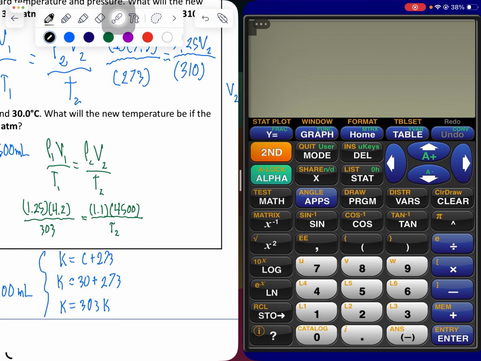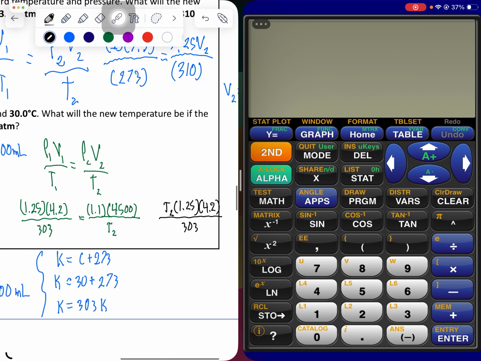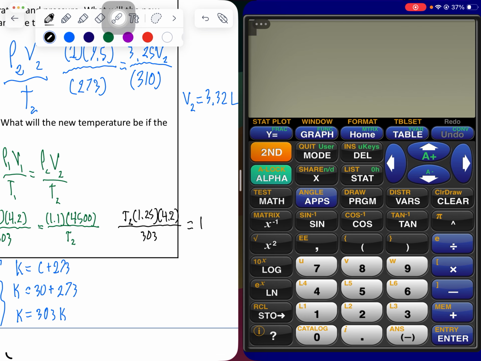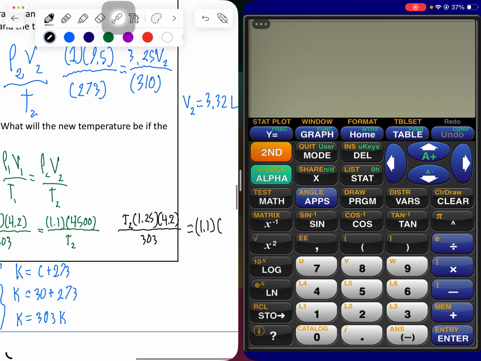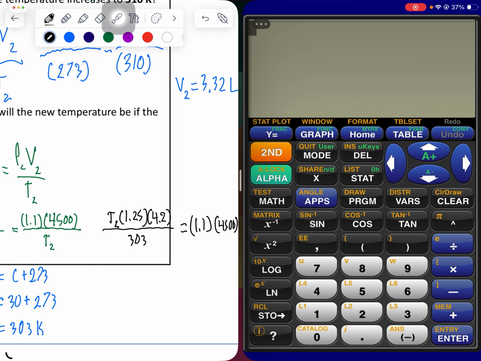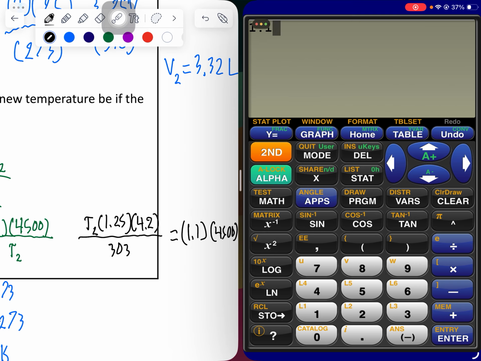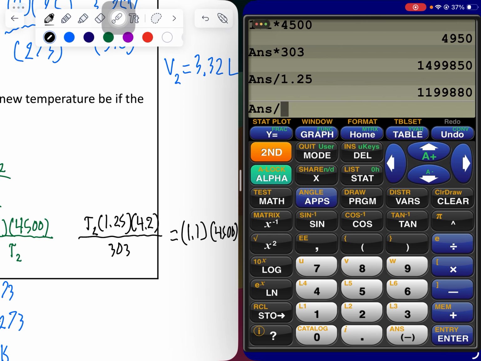This is going to give us T2 times 1.25 times 4.2 all over 303 equals 1.1 times our 4500. This is a little bit easier to solve. We can do 1.1 times 4500 multiply by 303 divide by 1.25 and divide by 4.2.